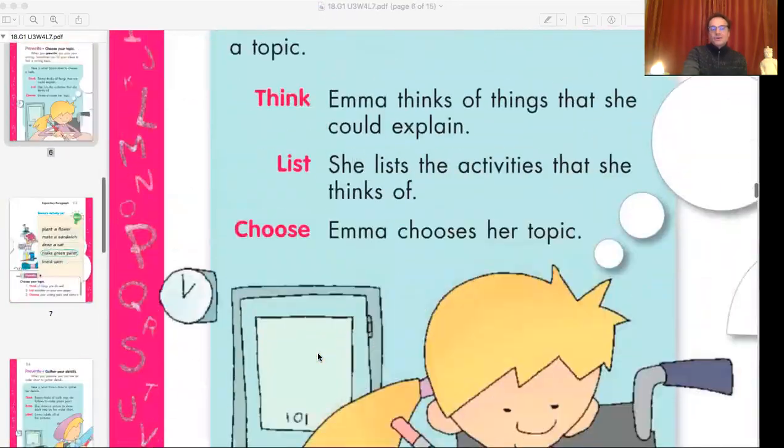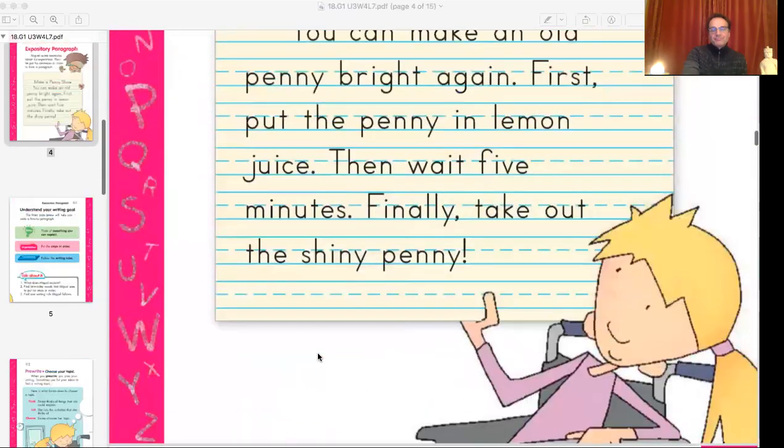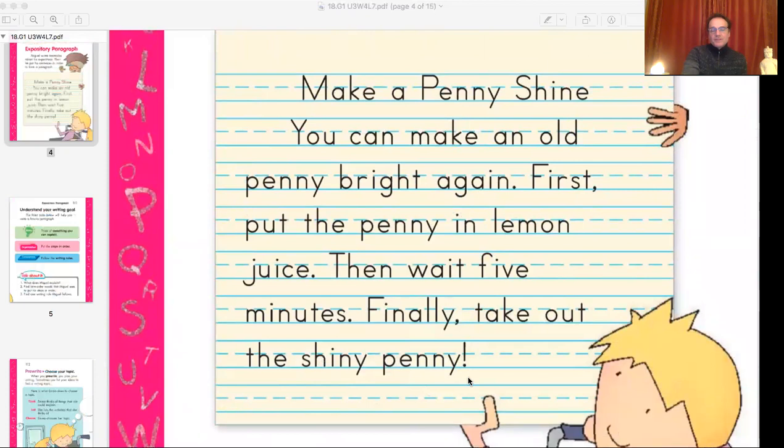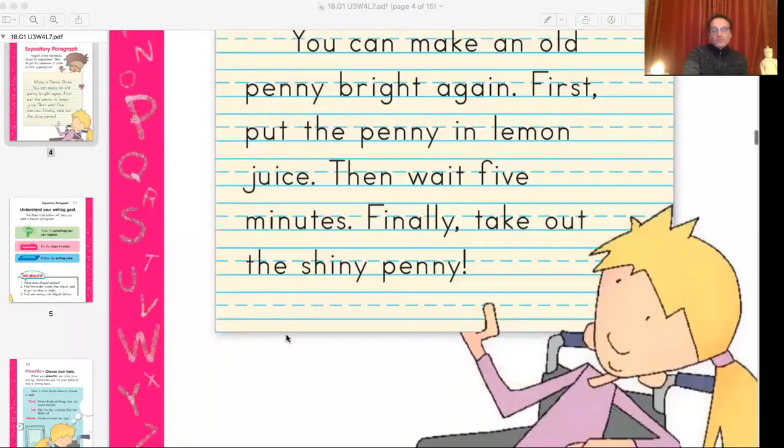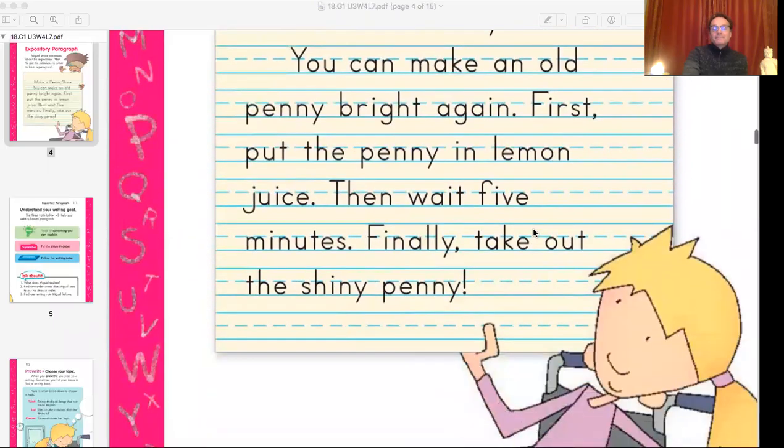There's a certain word for these words right here, they're called like timekeeping words or something. See, like this word first, that means you start there, and then that's next, and finally means it's the last step. Those are special words that it's good to use in this kind of writing. So I like what Miguel wrote about making a penny shiny, and I like the little picture down here.